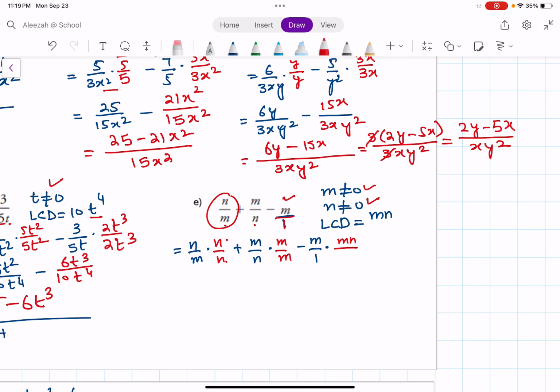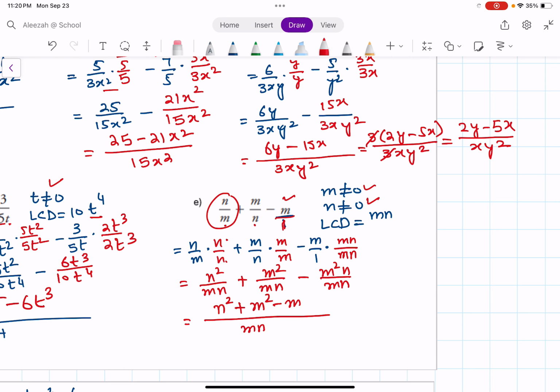For the third one, because I have 1 here, I multiply by mn over mn. Now I got n squared over mn plus m squared over mn minus m squared n over mn. Now the common denominator is mn, so the numerator is n squared plus m squared minus m squared n. And that is my final answer.